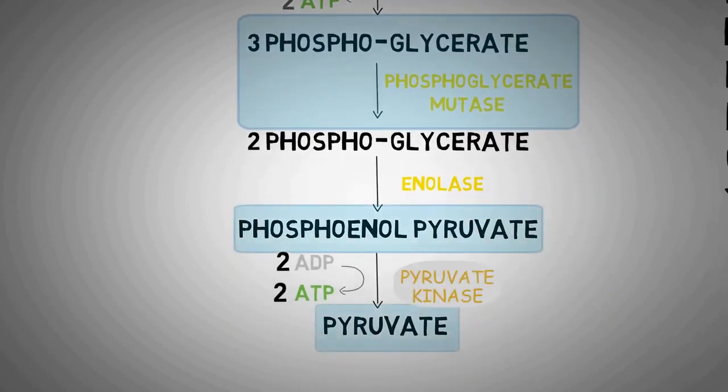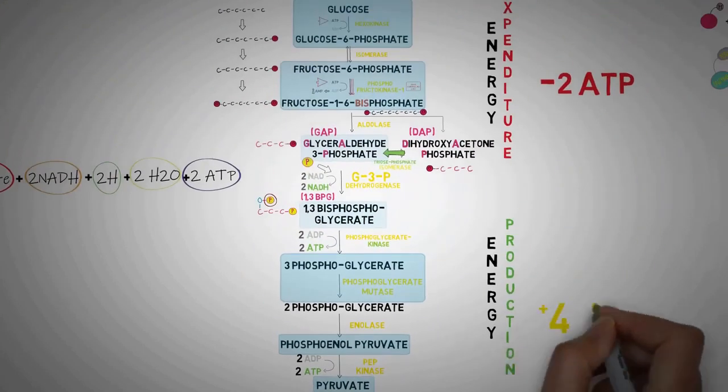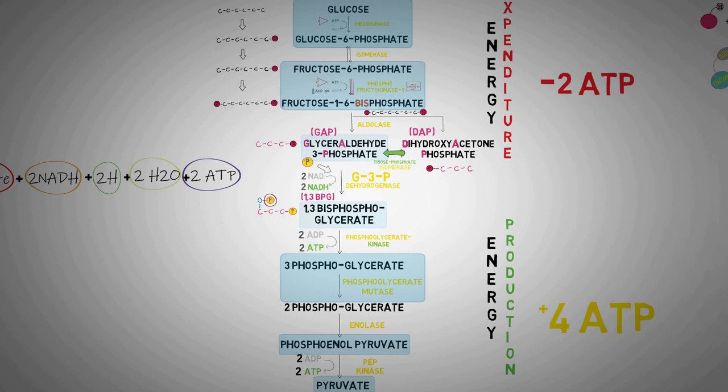Both these are examples of substrate level phosphorylation that we discussed earlier. Now since we started with 1 molecule of glucose which was split into 2, the number of ATPs produced in this reaction are actually 4 ATPs per molecule of glucose. So if oxygen is not available, we use 2 ATPs here and produce 4 ATPs here. So net ATP gain is only 2 ATPs.